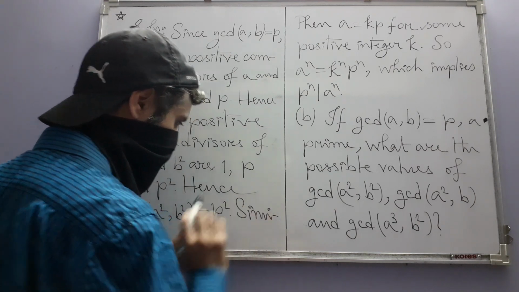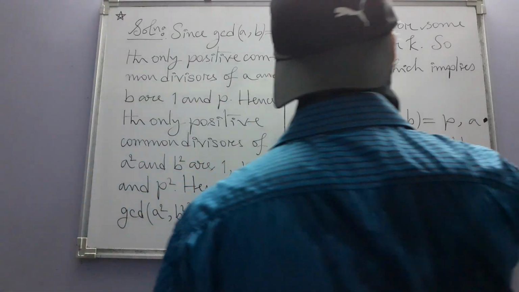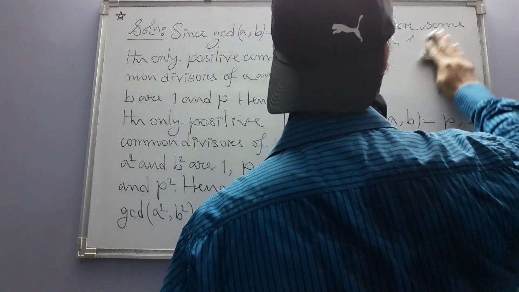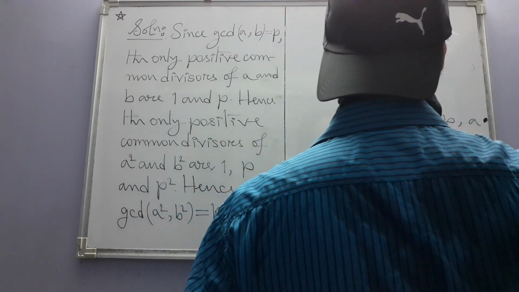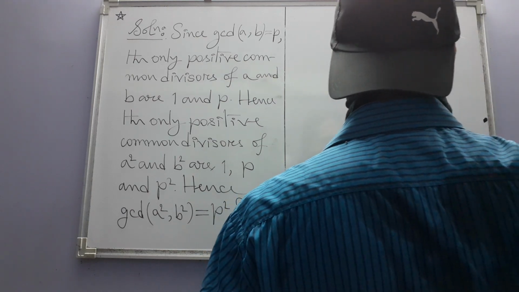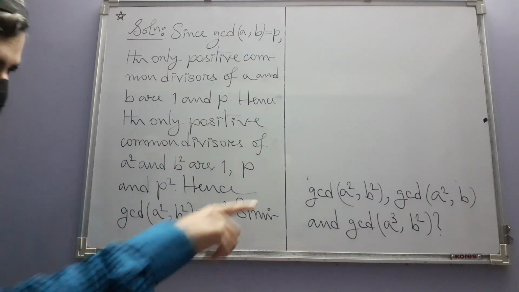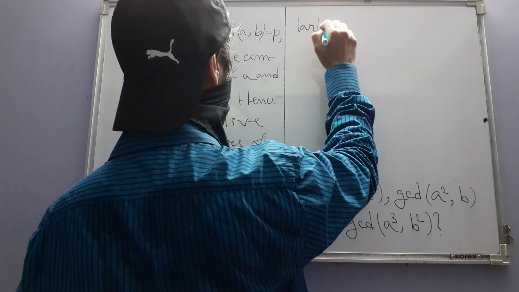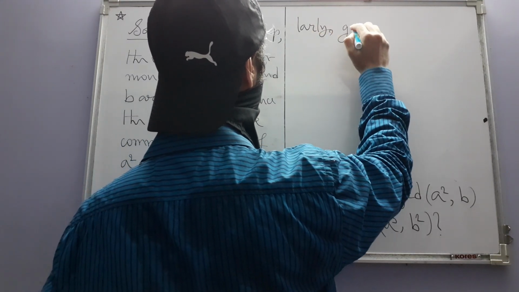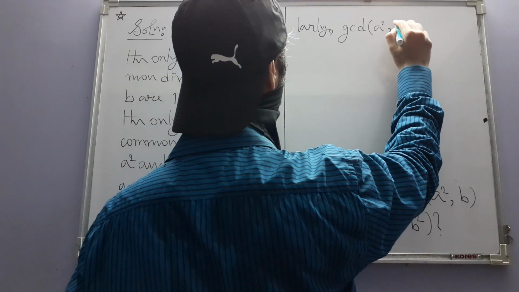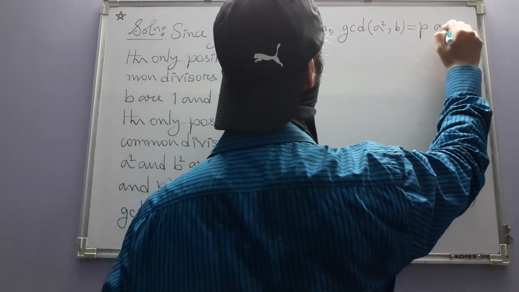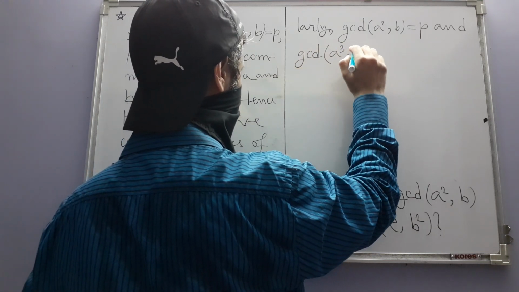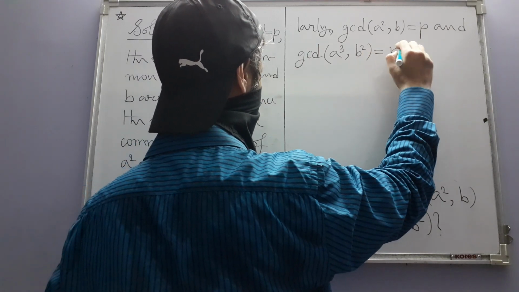Similarly, from these other GCD values you will get a clue of how we are able to make these conclusions. The next one is GCD of a square and b. This will be p, and the GCD of a cube and b square will be p square.